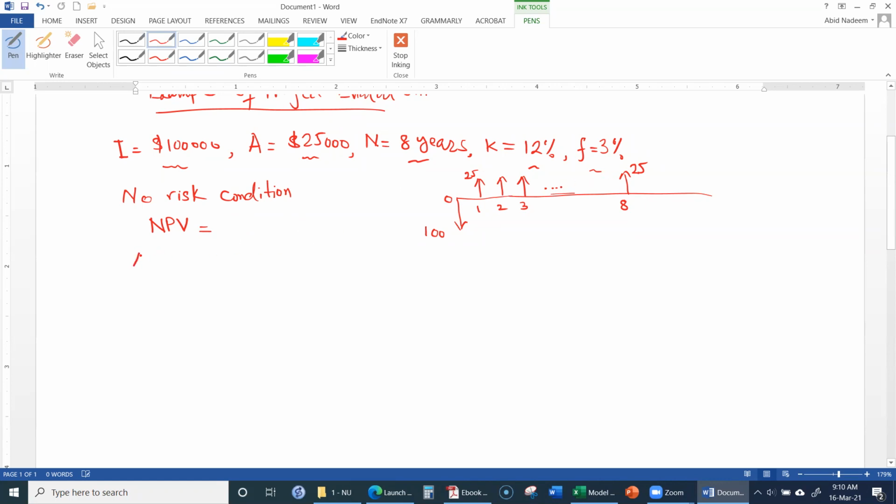So that formula is: the present value of these future equivalent A values, if all these values are represented by A, is given by this formula.